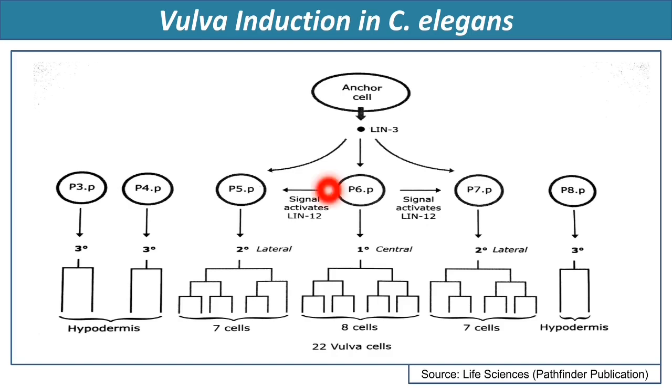The P5.p and P7.p cells receive these signals through the lin-12 protein on their cell surface. Stimulation of lin-12 on the P5.p and P7.p cells induces expression of a phosphatase that inactivates the MAP kinase pathway, because the MAP kinase pathway is for primary VPC formation.